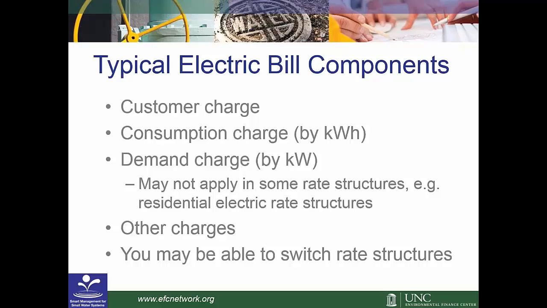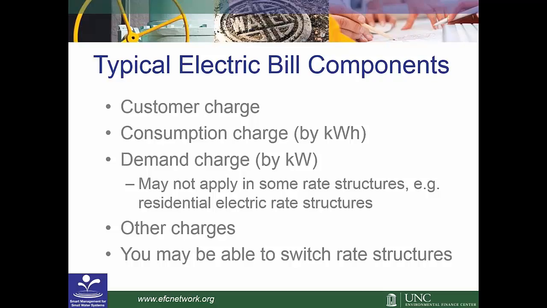You should be aware that the different components of your bill flow out of which electric rate structure your utility is falling under at the present time. And in some cases, you might find that there's a choice that you have. It's going to be on a per electric meter basis, of course, because you may have multiple electric meters for your water system. But in some cases, you may be able to switch electric rate structures with your utility.